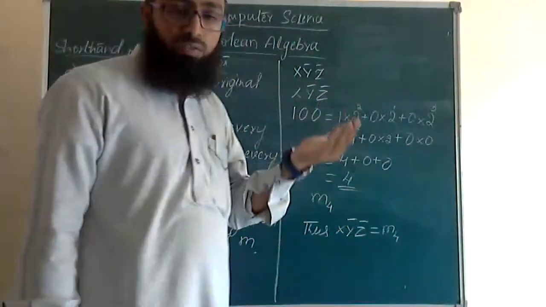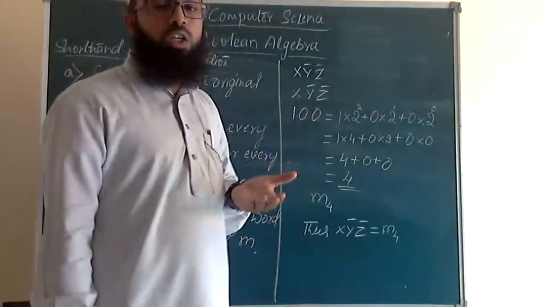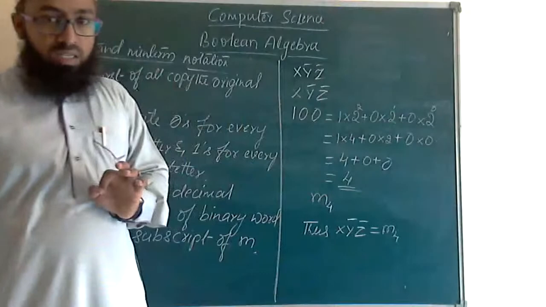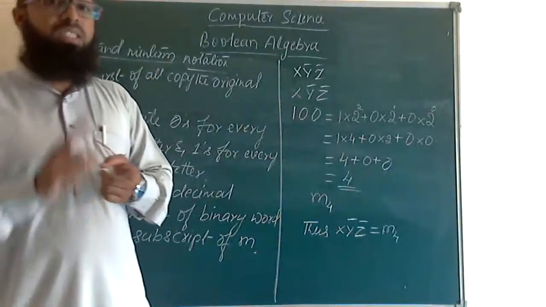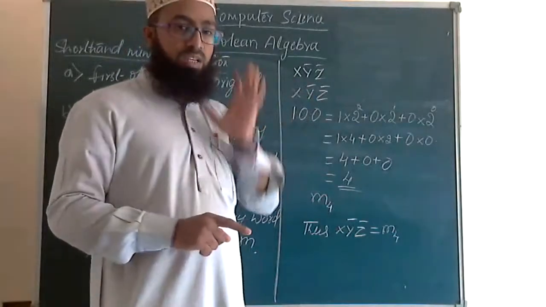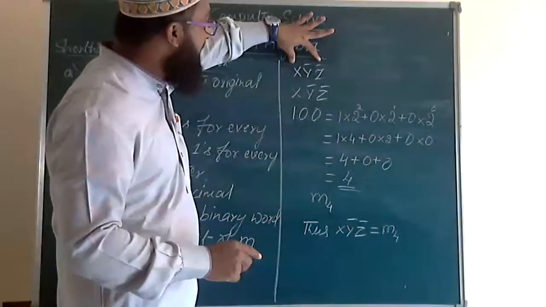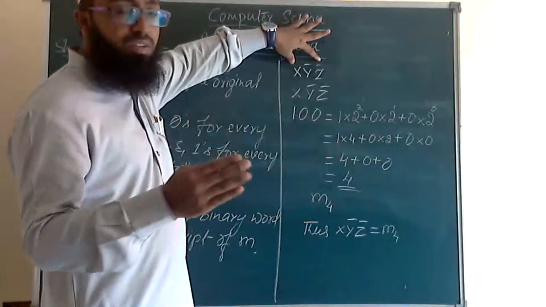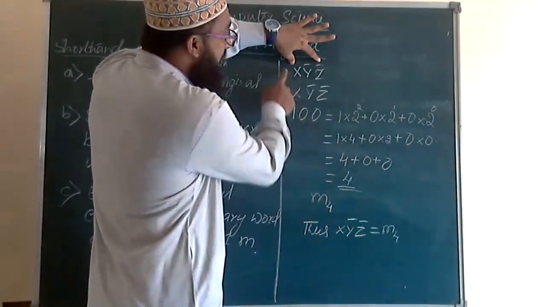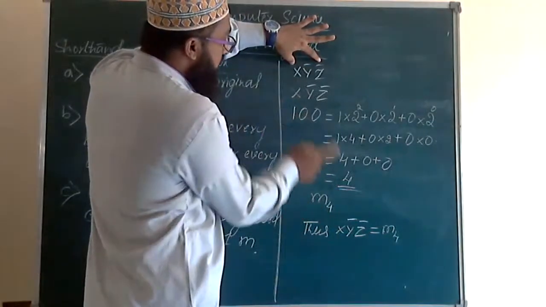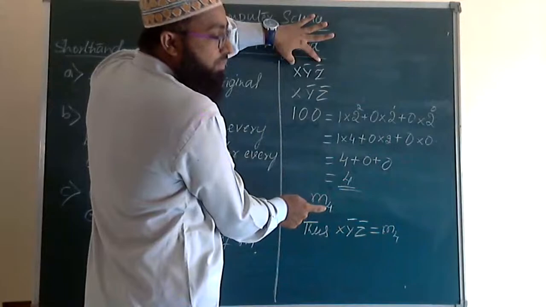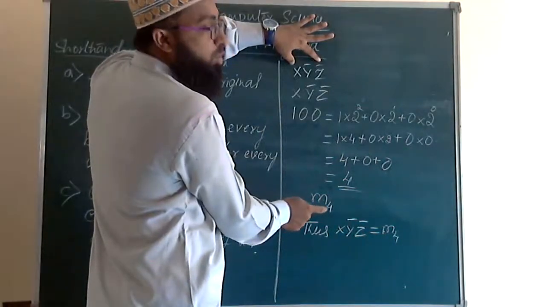Earlier we discussed that shorthand minterm notation has been developed to save writing the letters themselves. Here we are not writing the letters as they are. We find the value of these letters, then write that value as the subscript of m.